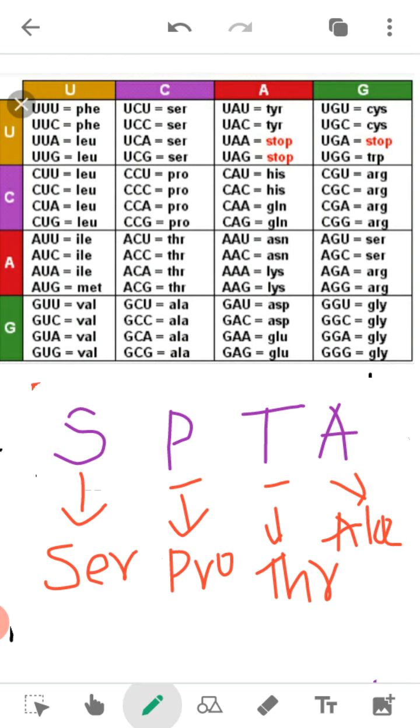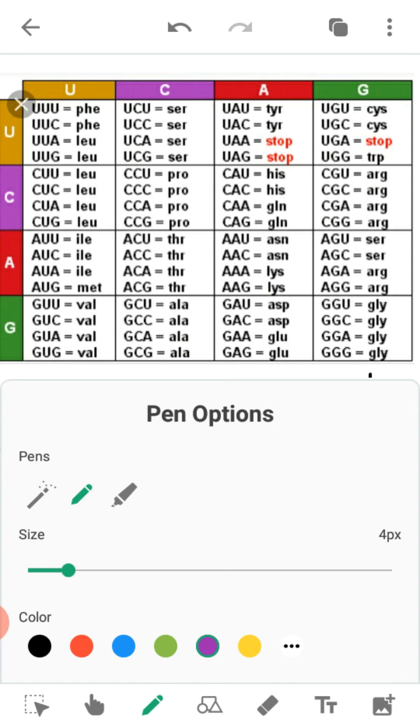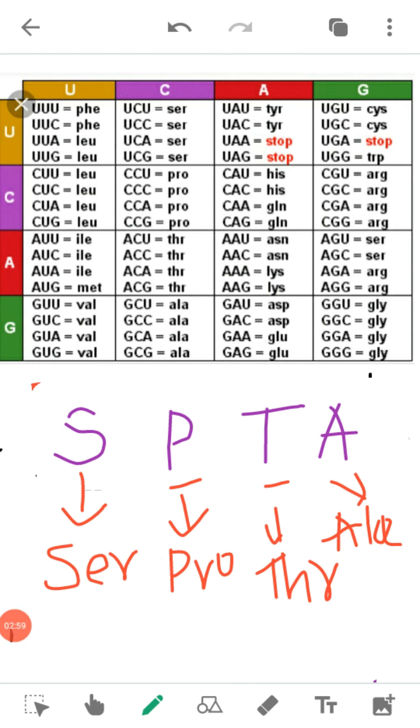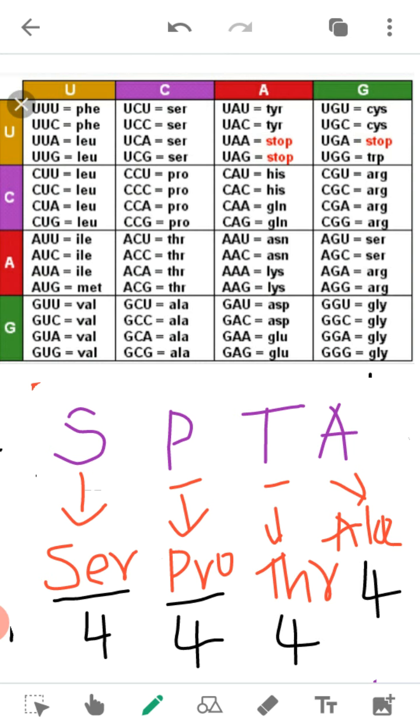In the second column, each amino acid has 4 codons, that is serine 4, proline 4, threonine 4, and alanine 4. So we can easily remember the second column by SPTA.